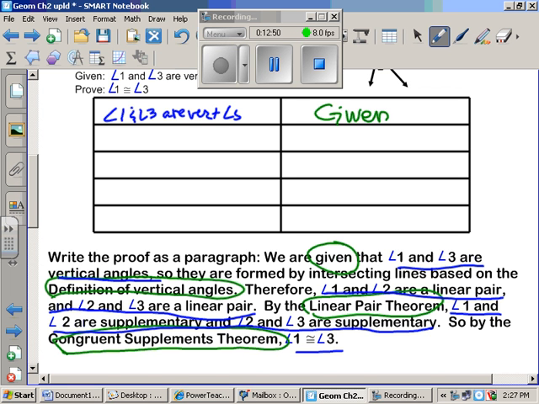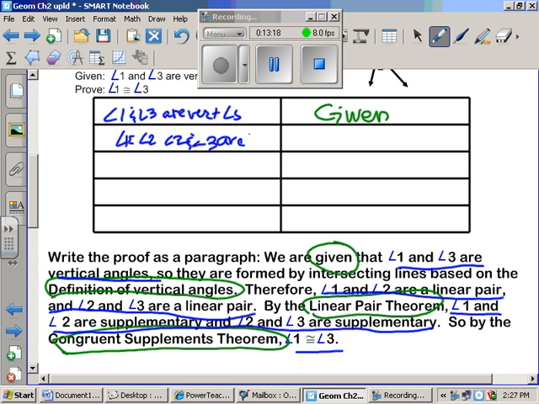Javier, what will come next? 1 and 2 and 2 and 3 are a linear pair.